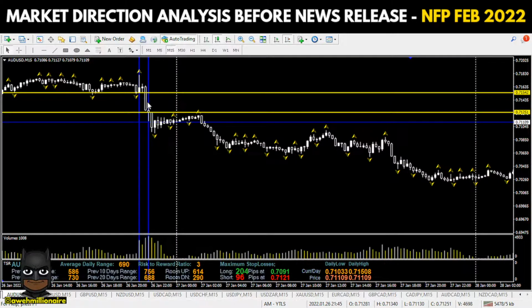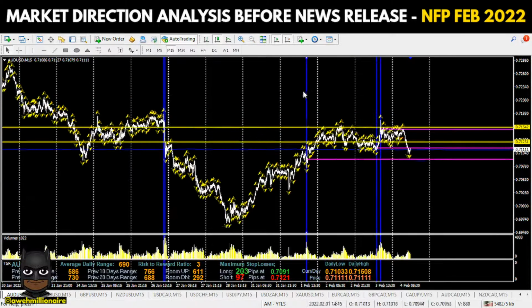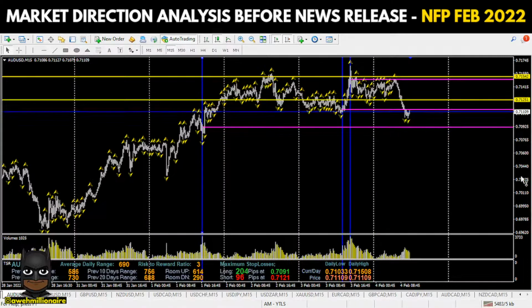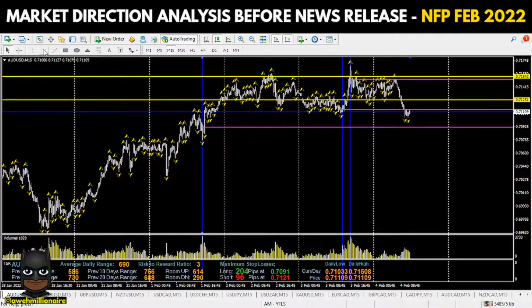Yeah, that is a valid supply zone, but remember, when we're trading with supply and demand, especially when we're trading with the news. Oh, hold on. So you did have a supply level here, but as we can see over there, this was on the 2nd of Feb.